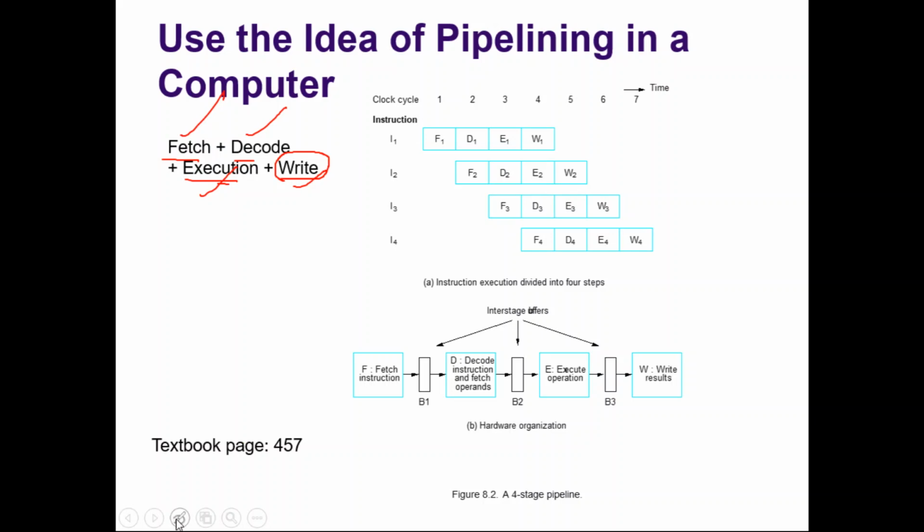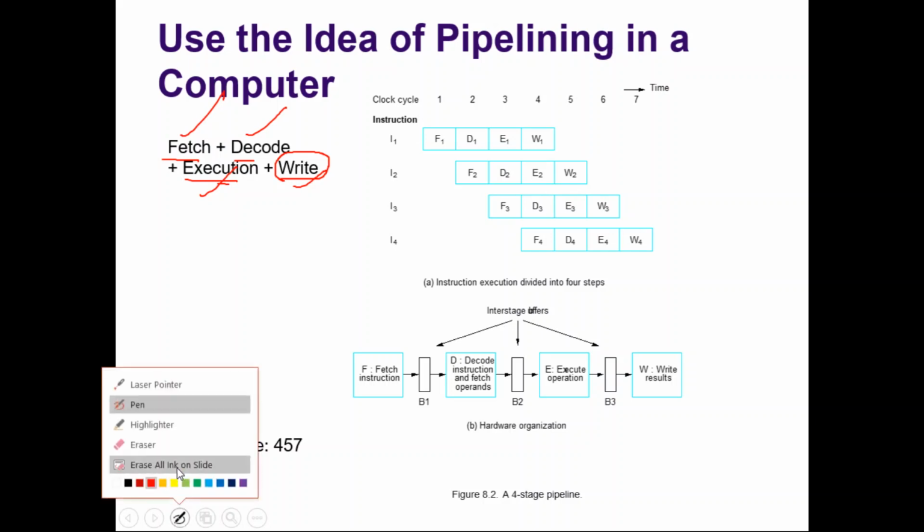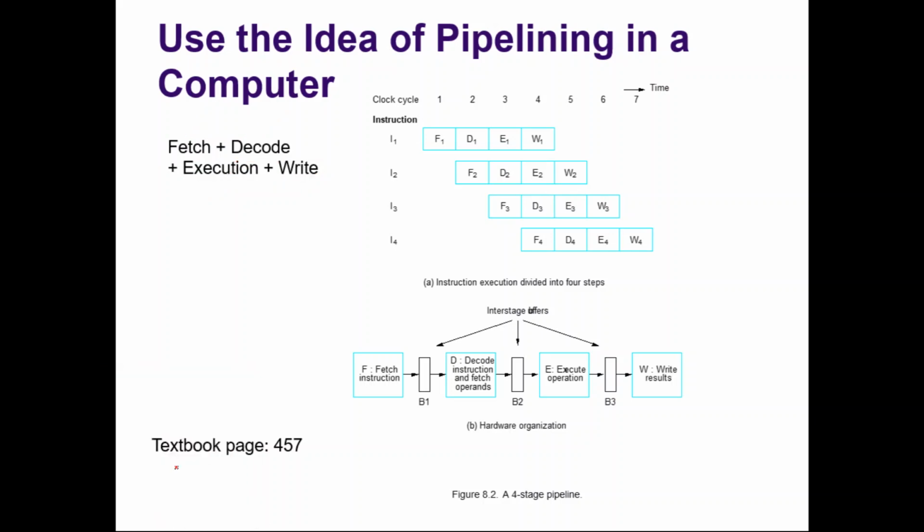Let us assume that each stage requires one clock cycle. Now instruction 1, during the first clock cycle it is fetched, during the second clock cycle it is decoded, during the third clock cycle it is executed, during the fourth clock cycle the output is returned to the memory or register. And instruction 2, all these are instructions of the same program, let us assume.